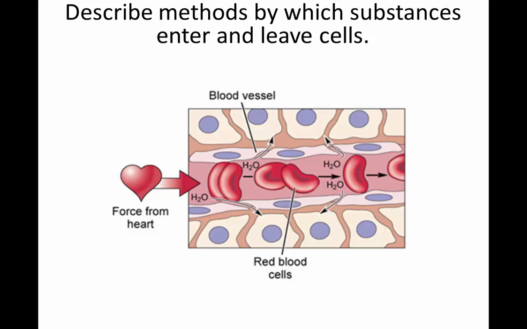But this is an important aspect to realize, that we can actually filter, for example, the blood, where water and other chemicals leave, but as you can tell here, the blood cells are actually too big to leave out through the cells that make up the capillaries, make up the blood vessels. So filtration is another important method that we should know in terms of substances entering and leaving tissues.